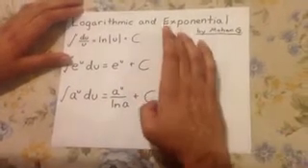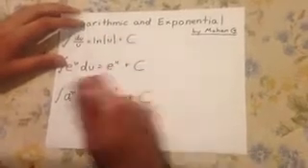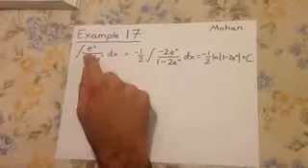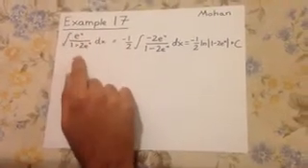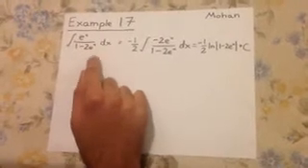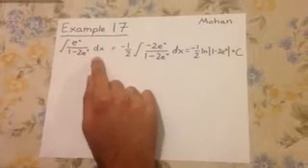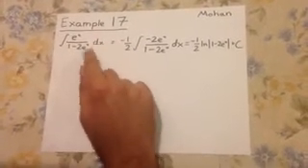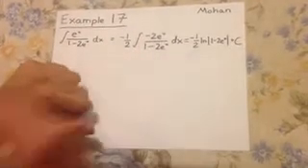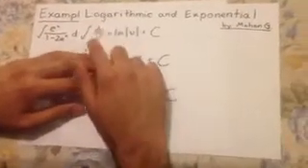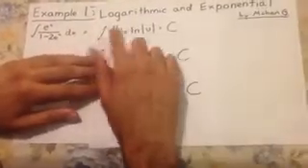So let's look at an example that applies one of these formulas. Example 17. The integral of e to the power x over 1 minus 2e to the power x, with respect to dx, equals. Basically we're going to be going with this one right here, and at times this one maybe.